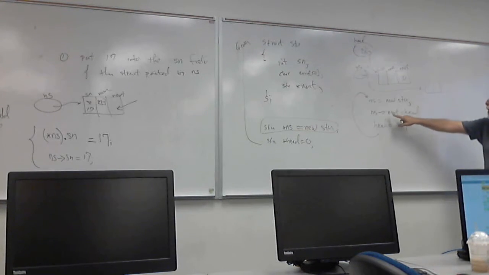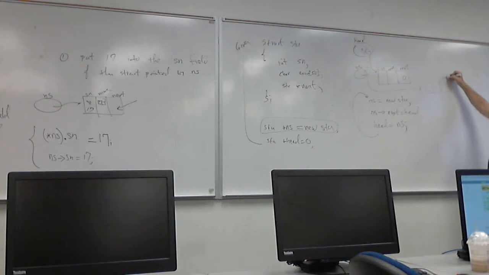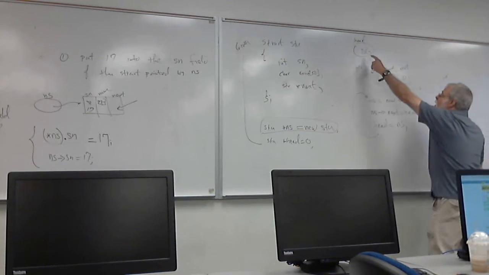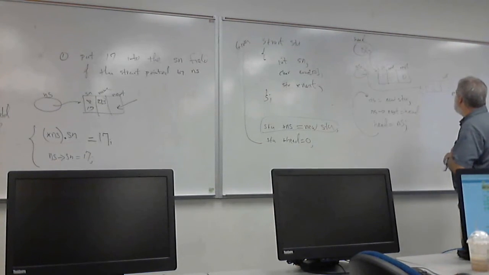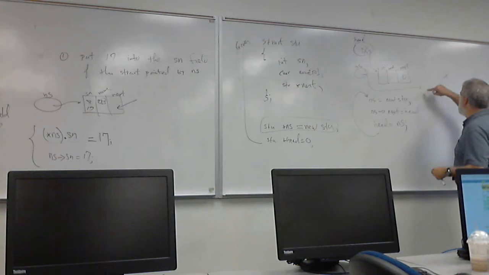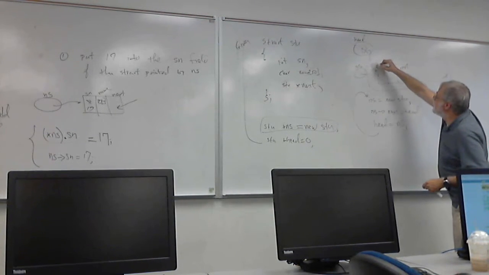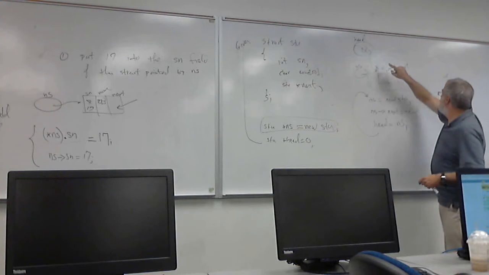We're going to put into this next field what's in head. Well, what's in head is the address of this box we've already got. So in our new box, we're going to have the address of this box. I'm copying from head down to here.